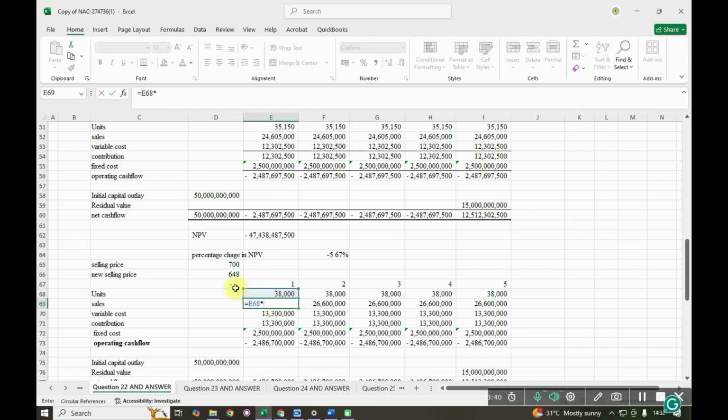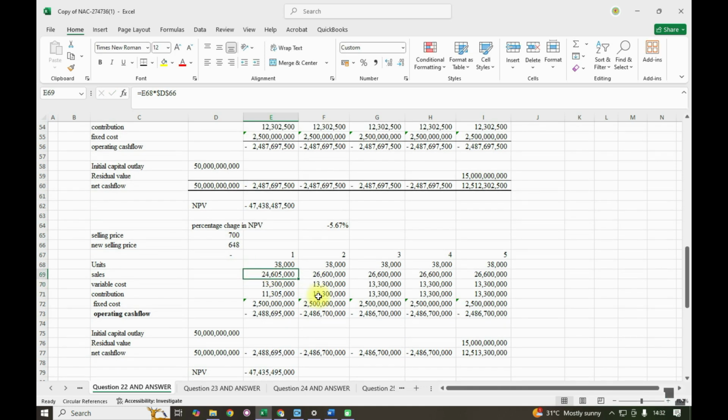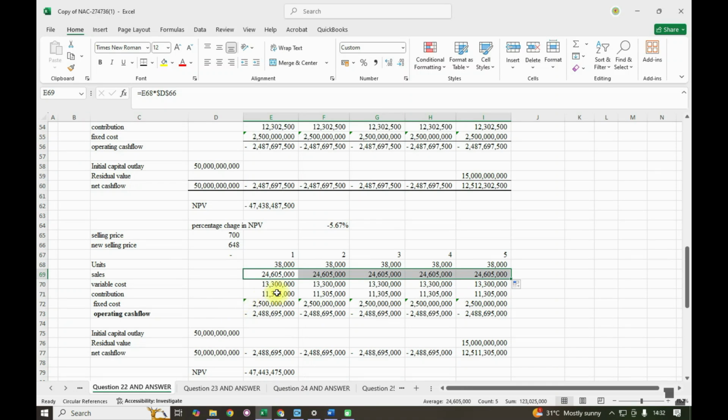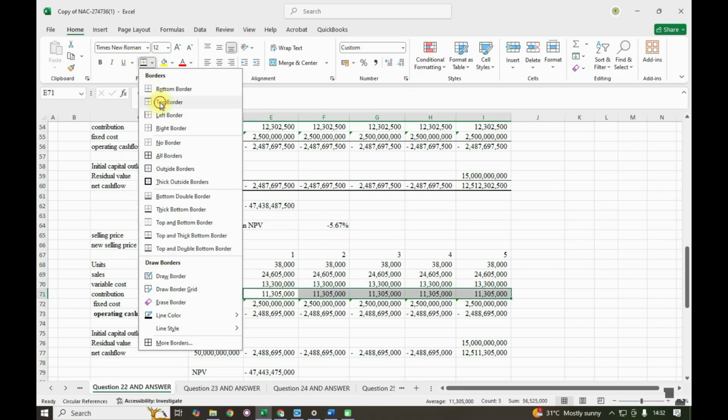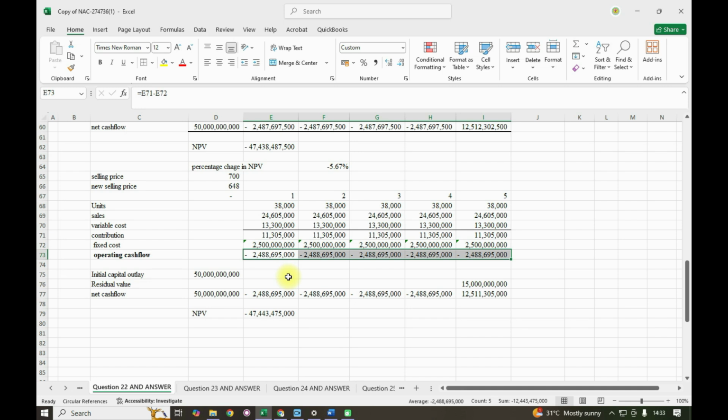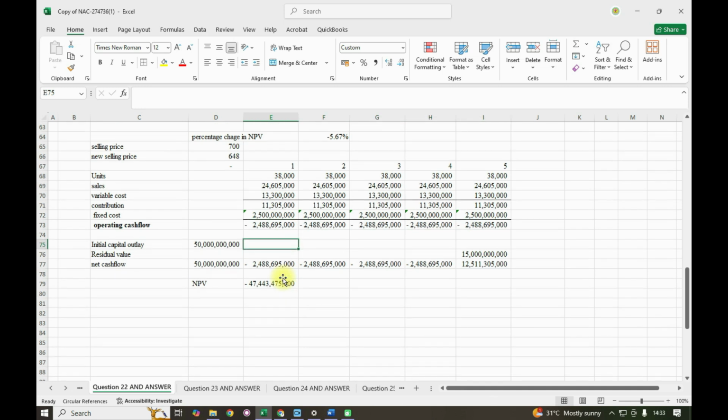We shall have this multiplied by this, and we shall autofill this. So the only thing that will change here is the selling price only. The rest will remain that way.